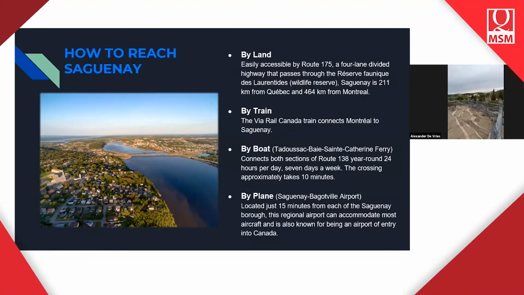Boat is a possibility. Not so many people will come in by boat from Montreal, but there are services that will bring you into a place called Tadoussac, and then you can come on up to Sangney. Tadoussac is another beautiful town, about 2 hours drive from here. And then obviously the plane service is a key one.